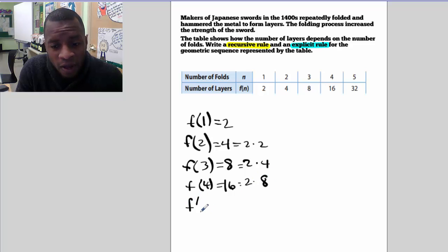And then f of 5 is 32, which is 2 times 16.